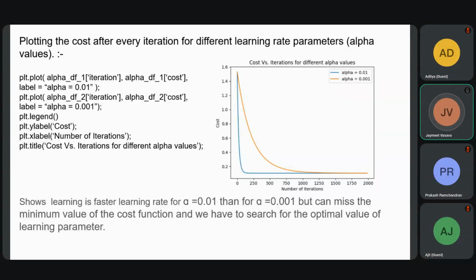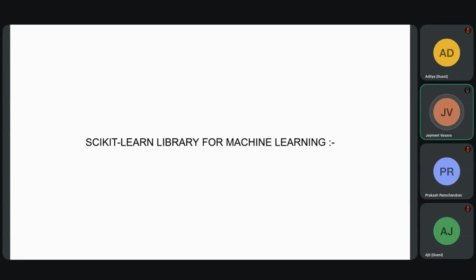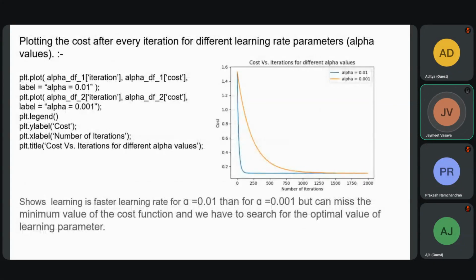So the learning rate of 0.01 is faster than the learning rate of 0.001, but can miss the minimum value of the cost function, and we have to search for the optimal value of the learning parameter. So these were some of the basics that we have used NumPy for.